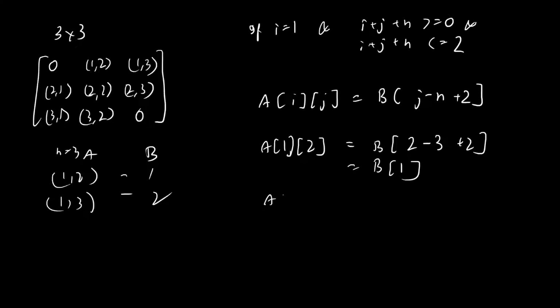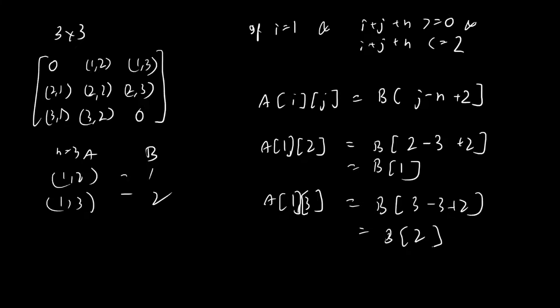All right, and a13 equals b of 3 minus 3 plus 2 equals b2. So for i equals 1, for one extreme case, we have got a condition, it is satisfied for 3 cross 3 and 4 cross 4.